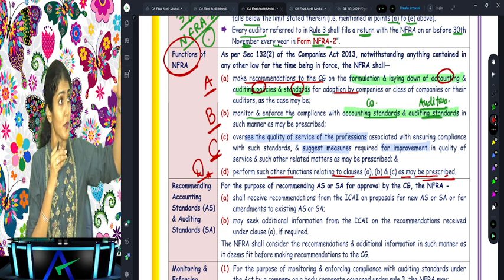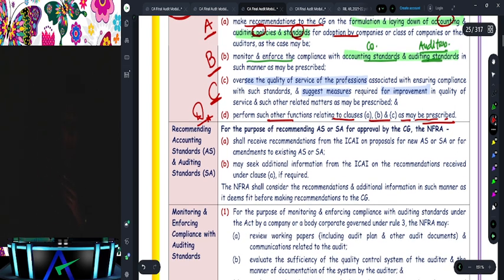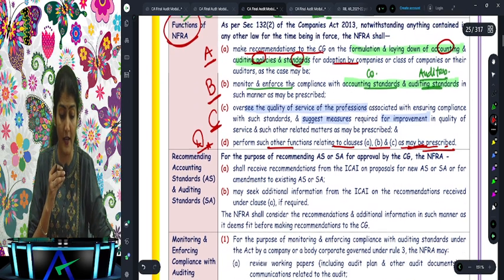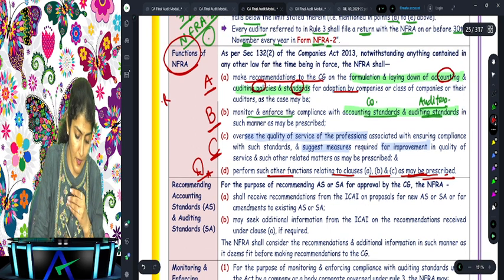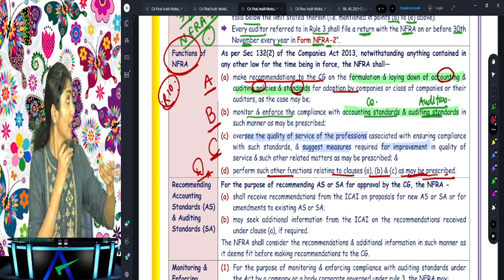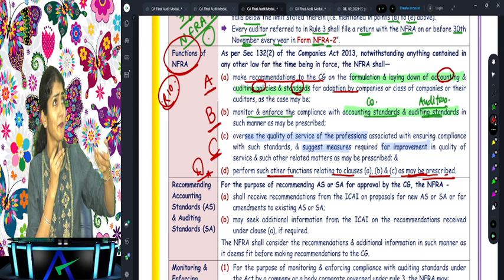Not only issue the standards, but check whether everybody is following them. Then oversee the quality of services of the profession and perform such other functions as may be prescribed. So that's a question regarding the functions of the NFRA, the first important question, which we can mark as R raised to 10. What are the 4 functions of the NFRA?